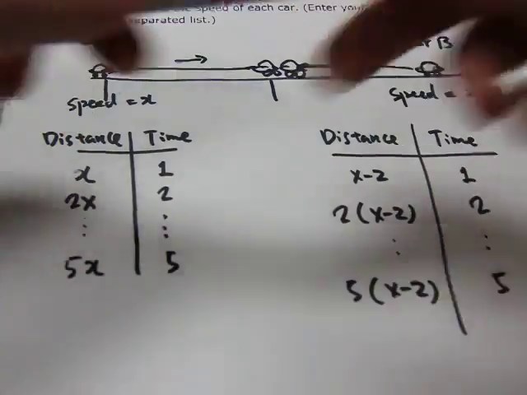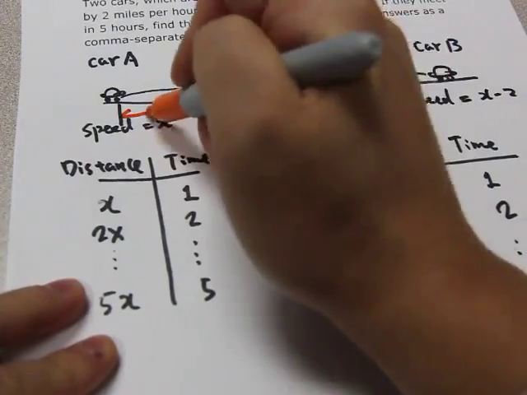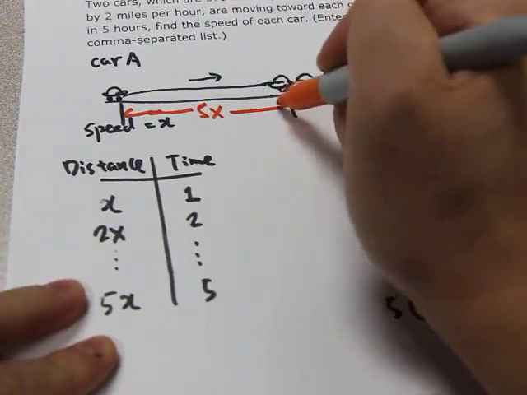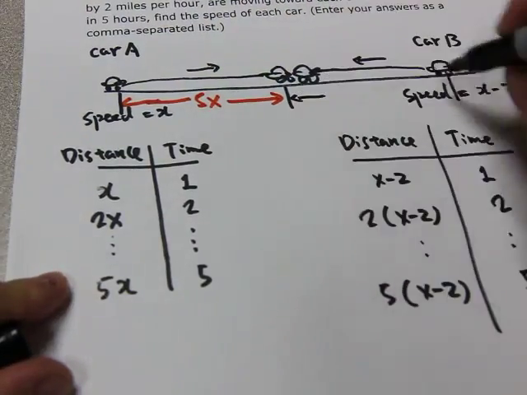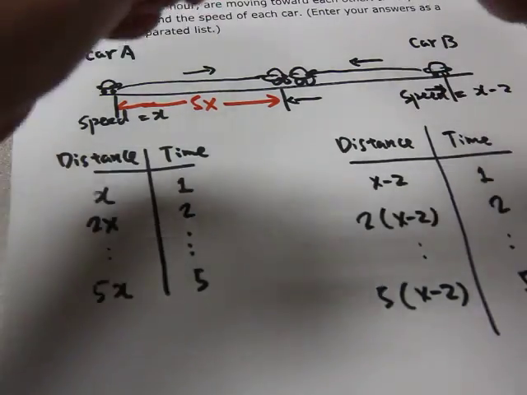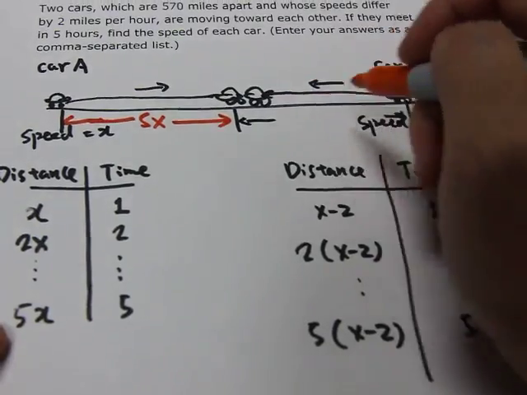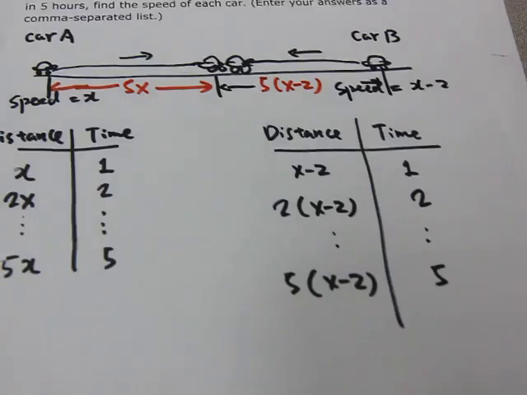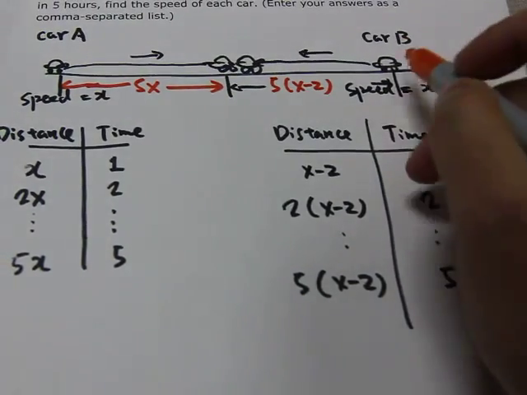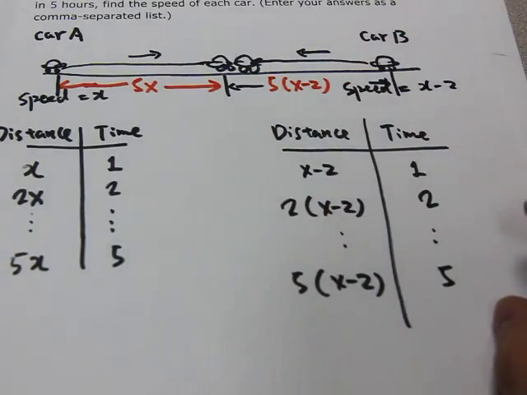Let me use a different color. The distance of this is 5x, and the distance of these two is 5 times x minus 2. So car B travels 5 times x minus 2.